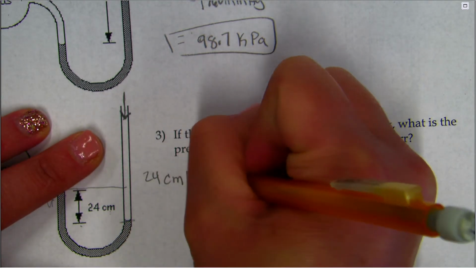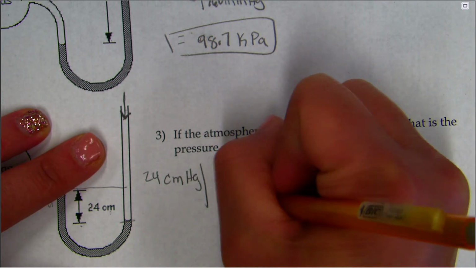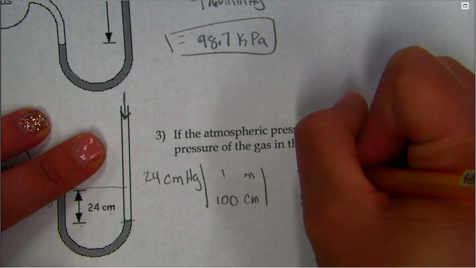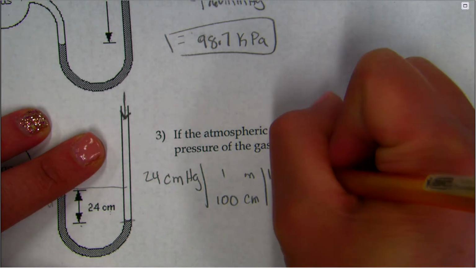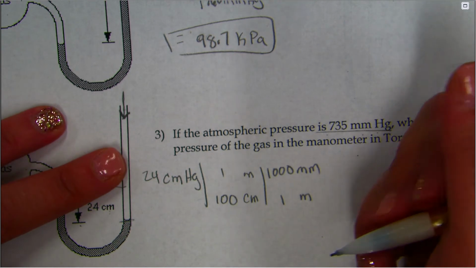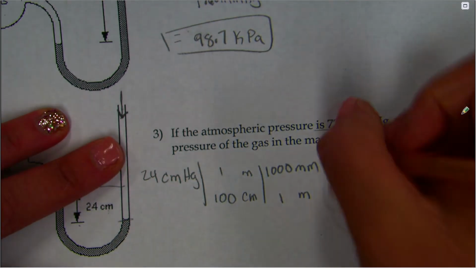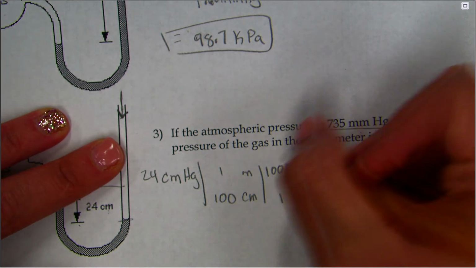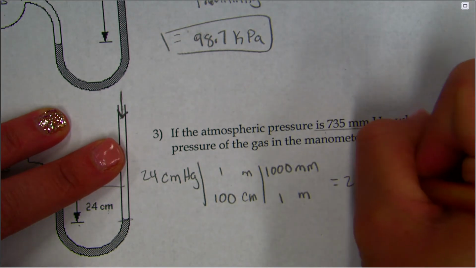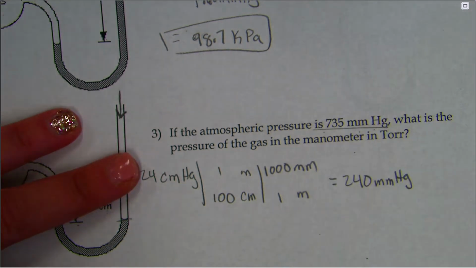So centimeters, if centimeters is on top, it goes on bottom. 1 meter is 100 centimeters. I can then go to millimeters, where 1 meter is 1,000 millimeters. All right, so when I convert that, I am going to end up with 240 millimeters of mercury. Yes?